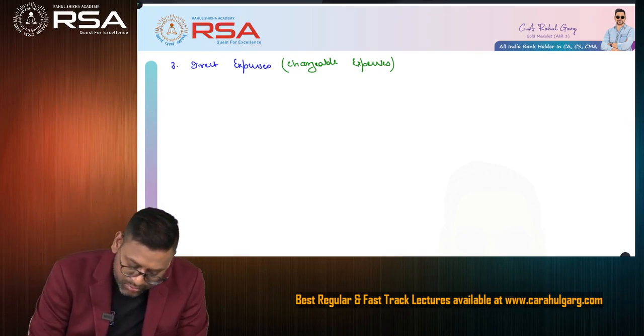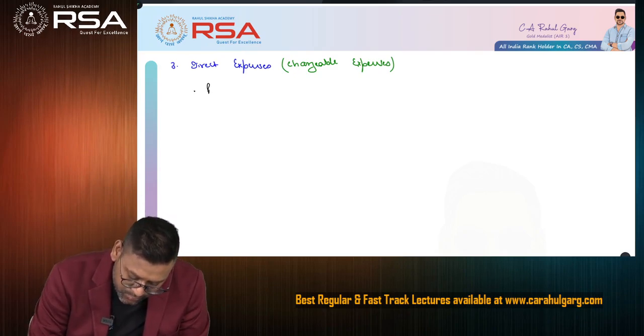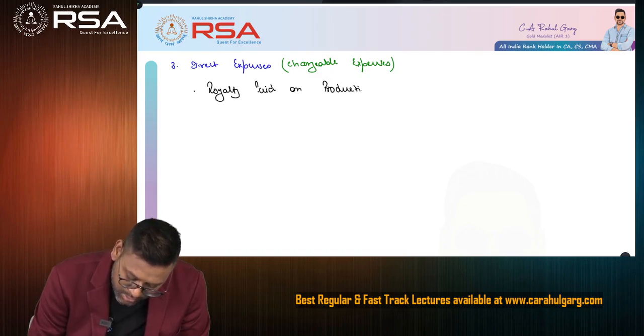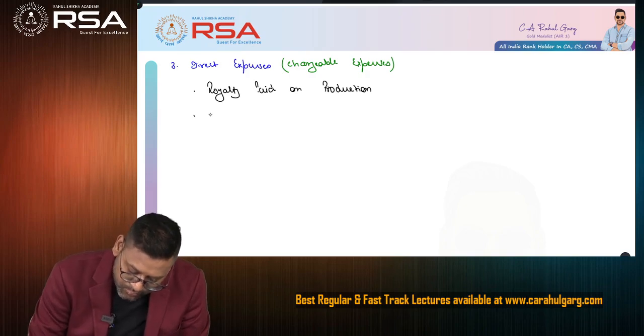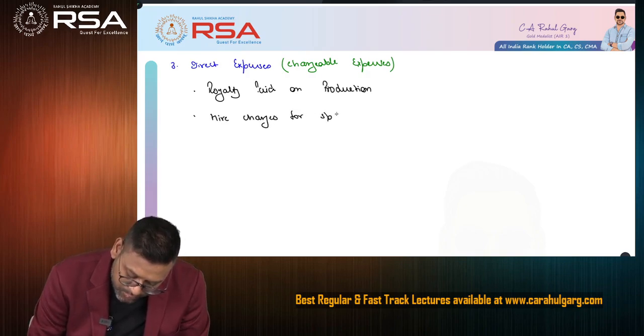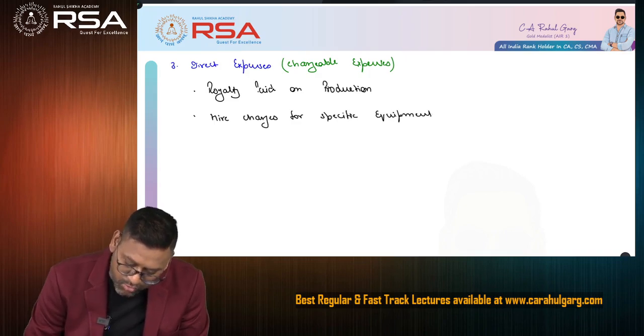Let's write down one by one. First, royalty paid on production. Number two, hire charges for specific equipment.